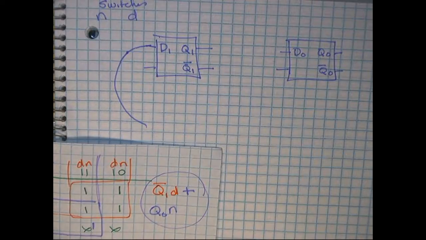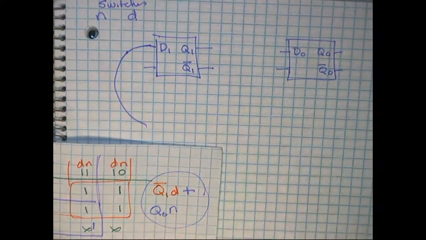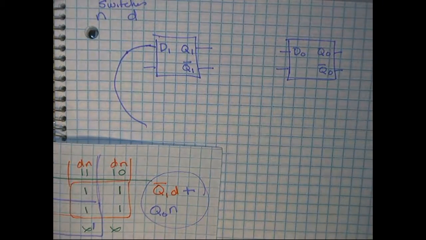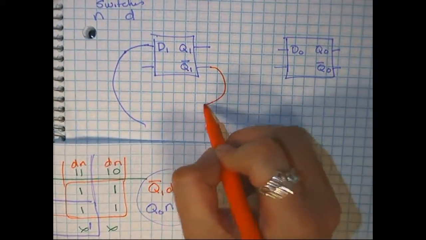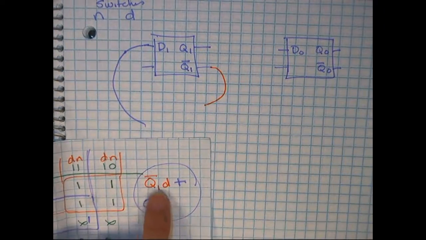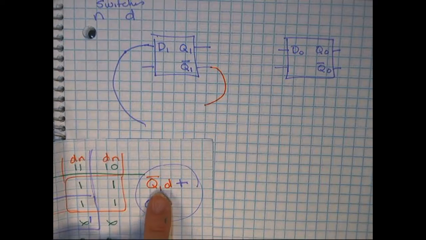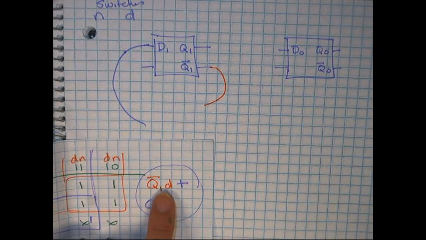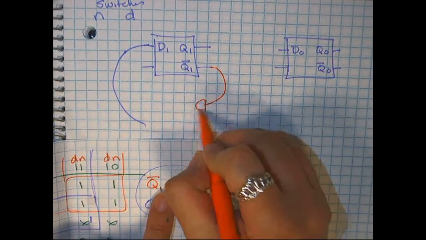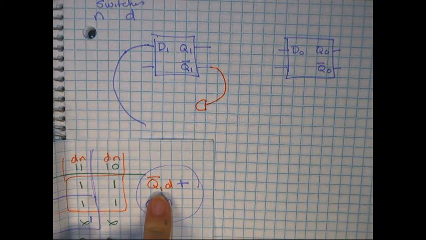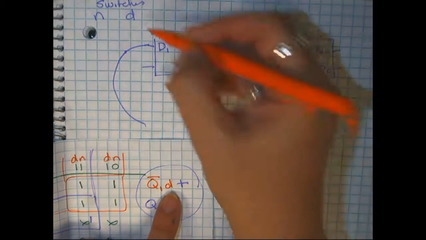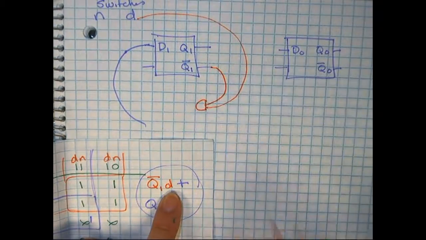Not Q1, so that's right here. I'm going to do it in orange because there was orange right here. So not Q1, and then how do I put it together with the D? That's an AND. And then what else? A D, which is going to come from up here from my switch.